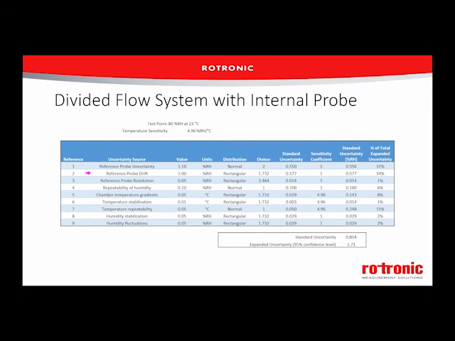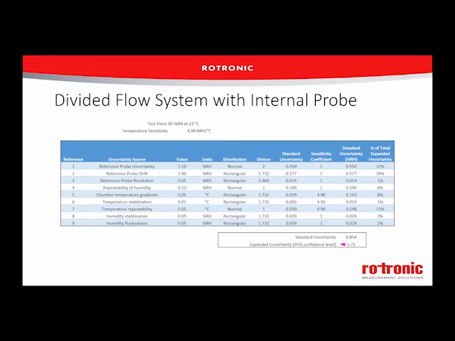But now when we look at the expanded uncertainty, instead of having a 0.7% uncertainty, the uncertainty is now ballooned up to 1.7%. So just by changing that piece of reference equipment, with everything else remaining the same, our expanded uncertainty has grown by 1%.